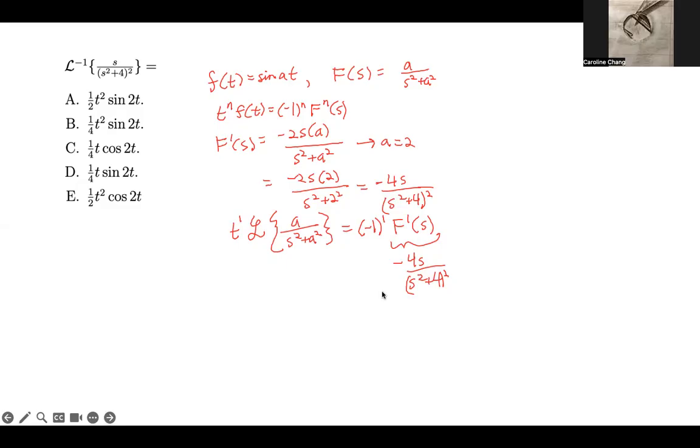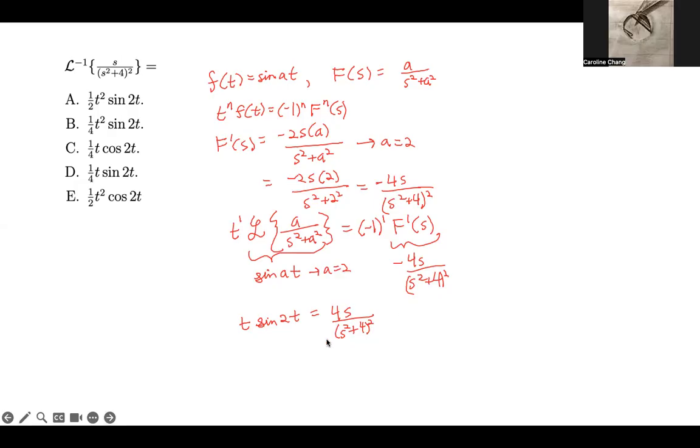So after that, we can notice that the inverse Laplace of a over s squared plus a squared is equal to sine of at. And as we said earlier, we take a equal to 2. So this means that t times sine of 2t is equal to negative 1 to the power of 1, which is negative 1, times negative 4s, so positive 4s over (s squared plus 4) all squared.